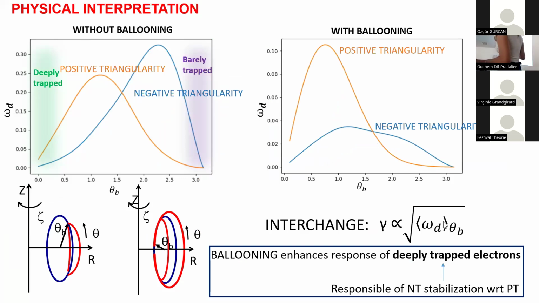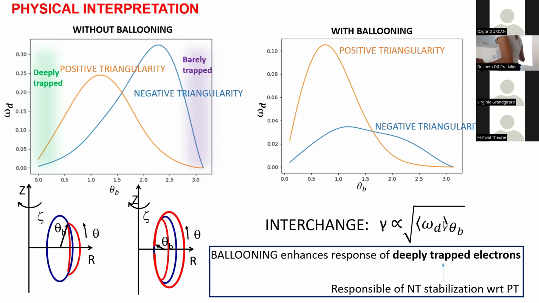Okay. So I was saying that if we model this stability far from threshold, so a very high growth rate, we can model it fluidly. So we can use a fluid model to model this stability far from the resonance. And so we model it as an interchange stability, and if we do so, we see that the growth rates are indeed proportional to the integral of omega d over the bouncing angle theta b.